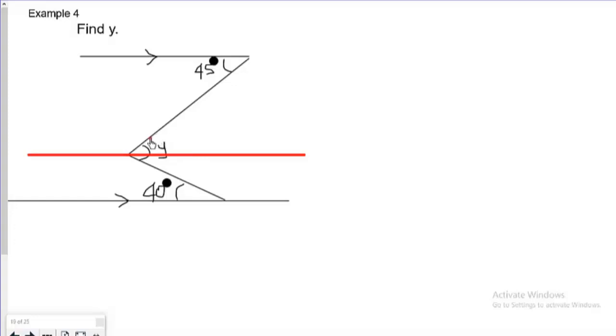Now I know that this angle over here is 45 degrees, because you can trace a Z shape over here. So 45, and you trace another Z shape over here, you get this to be 40 degrees.